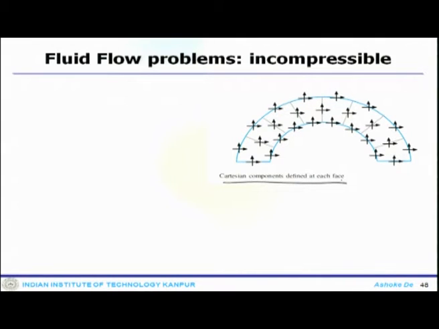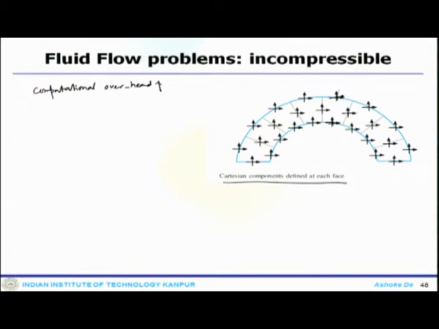So, the computational overhead increases substantially, because all the faces now store all the components of the velocity field. For example, if you look at this face, it stores this component and also this component. Similarly, this face stores both components, this face also. So, each face stores both components of the velocity field.